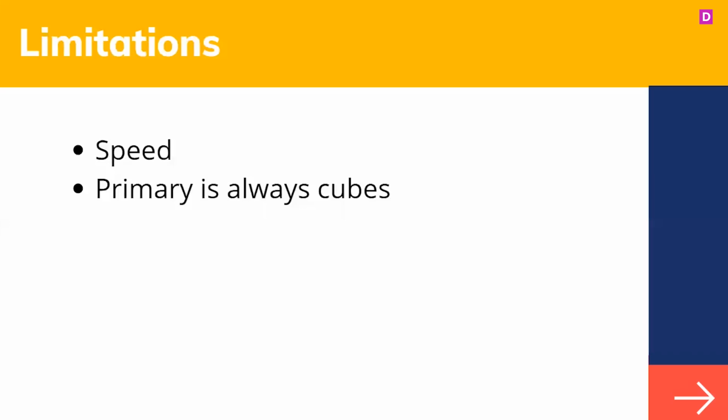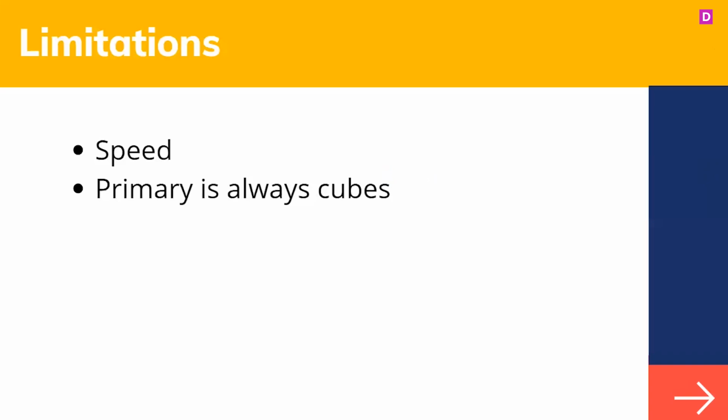Of course, anything comes with limitations. One type of limitation that you could probably face is in terms of speed. As I said, it is going to face a problem in terms of performance, because it needs to do a comparison between the multiple values present in the two data sources.